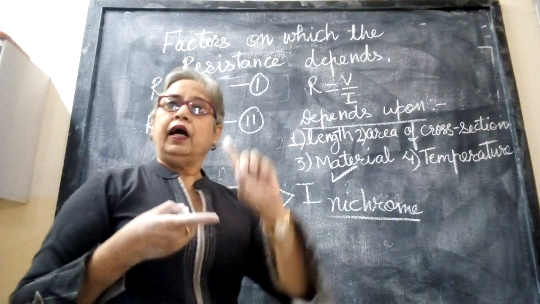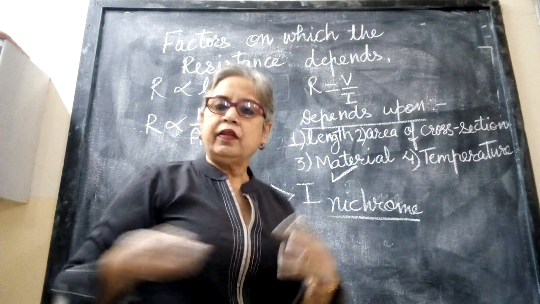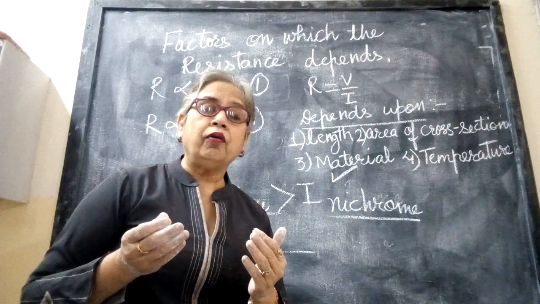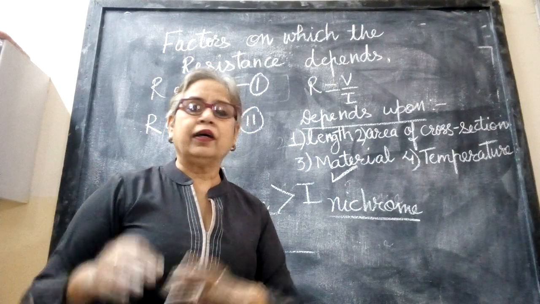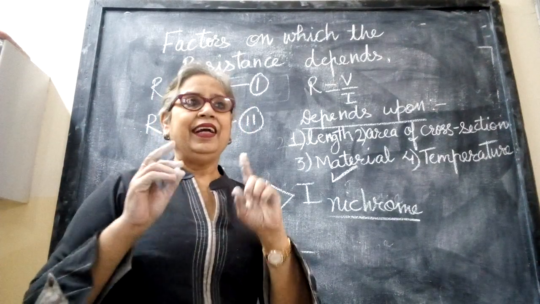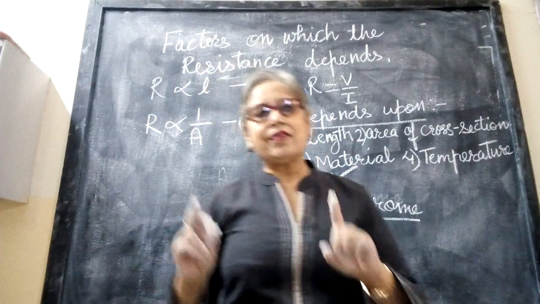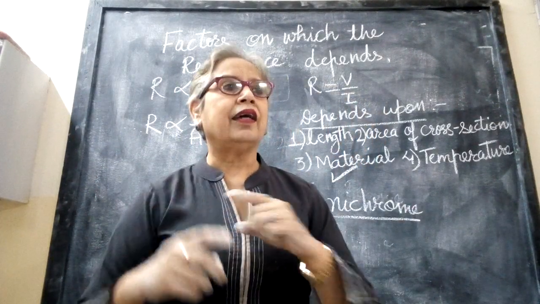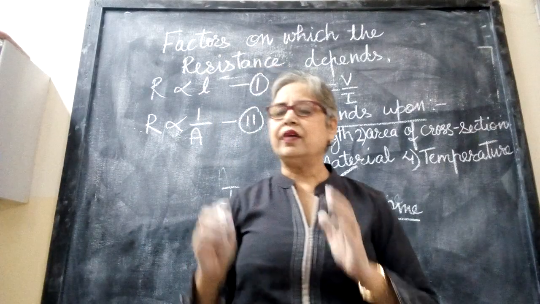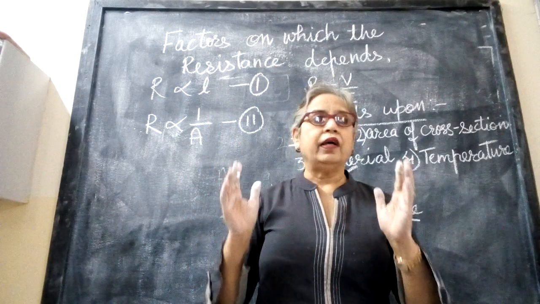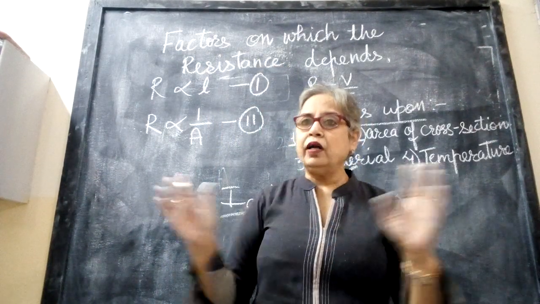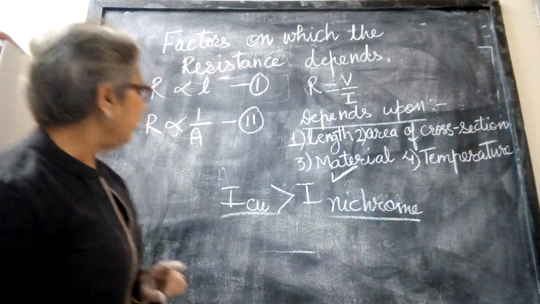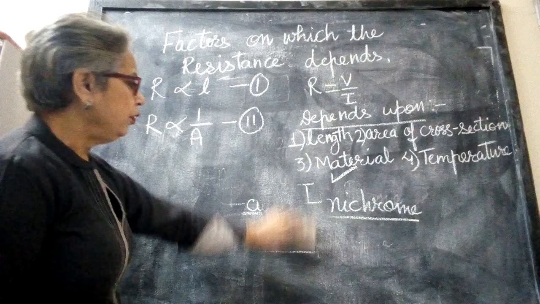Now the length and the area and the material is absolutely same, but you find that now the value of the current has decreased. It means that the resistance of a conductor increases with the rise in temperature. So again I repeat, you have to unplug the key in between the readings. Okay, I think it's clear to you now.